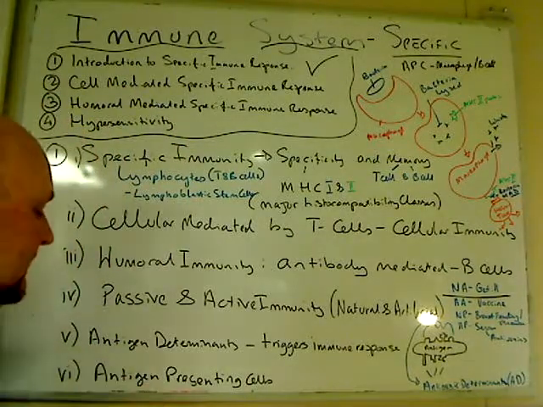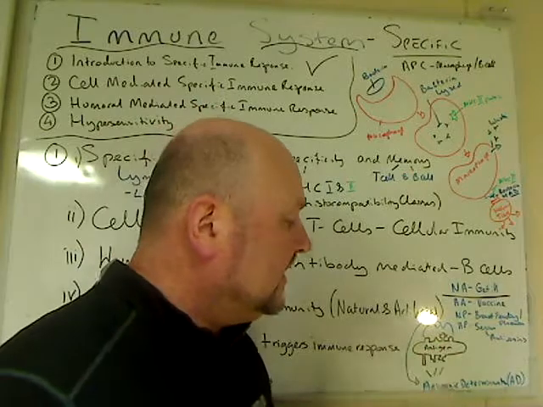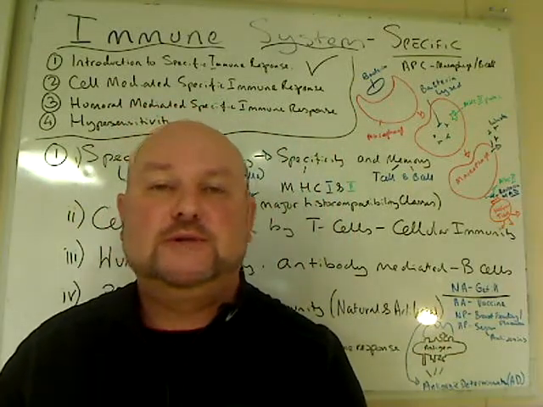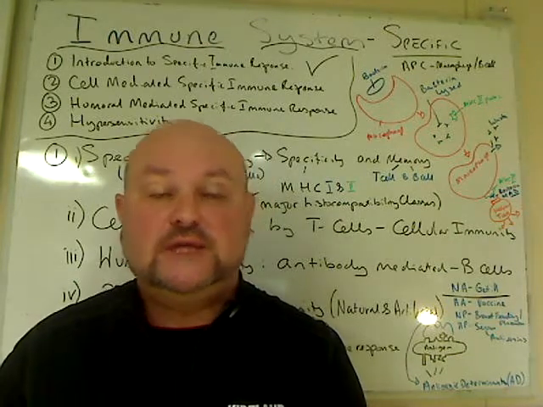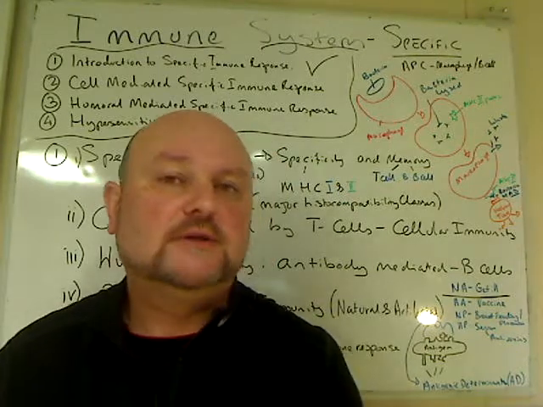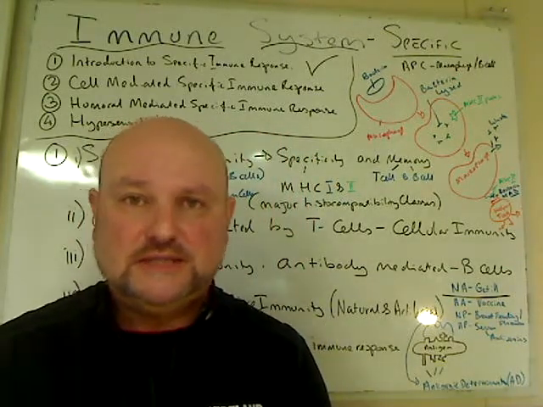So that leaves us the final part, the antigen presenting cell. One of the ways these antigens become shown to the specific immune response, and also shows a link between the non-specific and the specific immune response, is through the process of an antigen presenting cell.